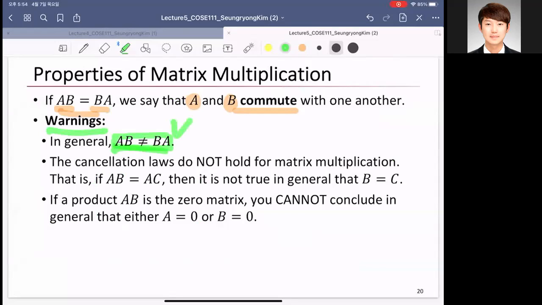It frequently appears as a problem on exams. But I heard you did not study matrices in high school, so let's just remember AB is not equal to BA in general.